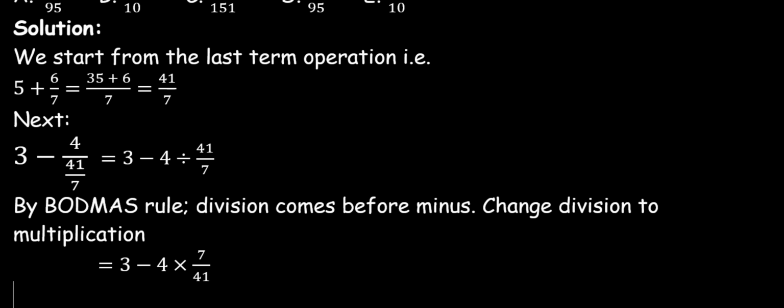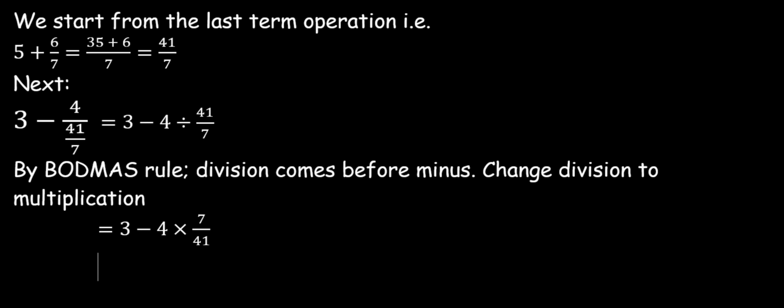Because once you are changing from division to multiplication, you invert, you turn upside down. And that is why 41 over 7 became 7 over 41. And that will give us 3 minus 28 over 41, because we just use the numerator to multiply out in this case, since nothing cancels out in the multiplication.